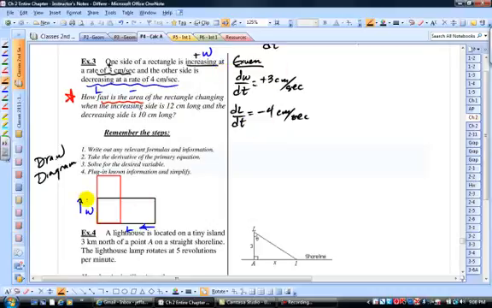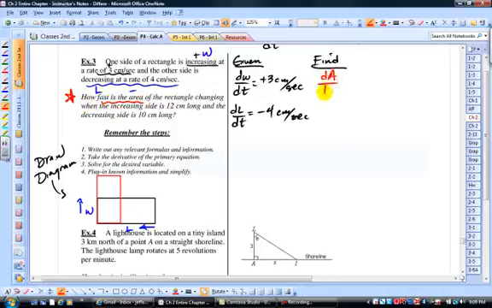Okay, so what we did is we drew a little diagram here. We determined some variables that we're using in the situation, and we're interpreting them according to the problem. And what we need to do is find something, of course, and that's right here: how fast the area is changing.